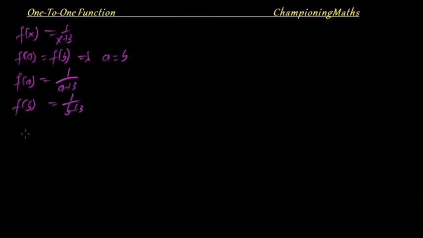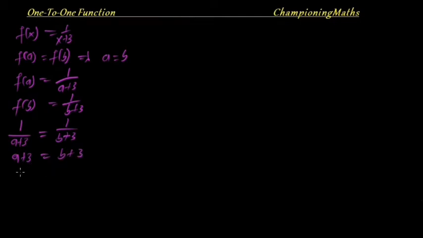Right. Based on the condition that f of a should be equal to f of b, then we can have 1 over a plus 3 being equal to 1 over b plus 3. Now, by cross multiplying, we can have a plus 3 being equal to b plus 3.